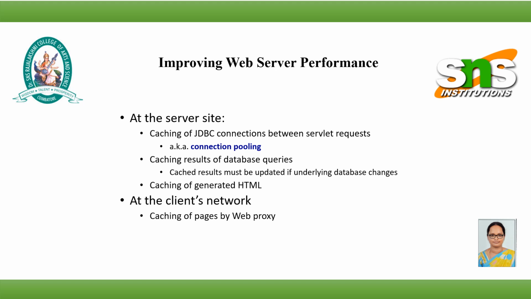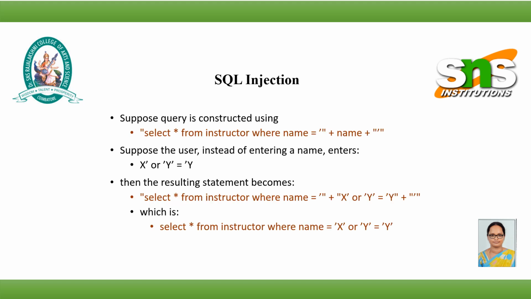Caching of results of database queries. Cached results must be updated if the underlying database changes. Caching of generated HTML at the client's network. Caching of pages by a web proxy. So every piece of information we are sharing or requesting, and the response, will be cached and stored in some particular location or a database.